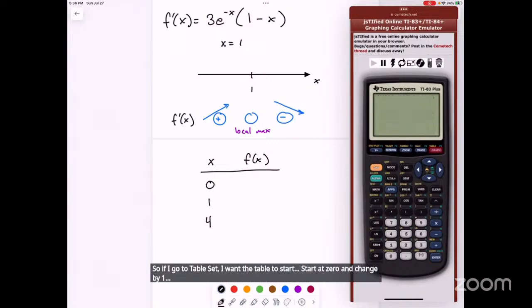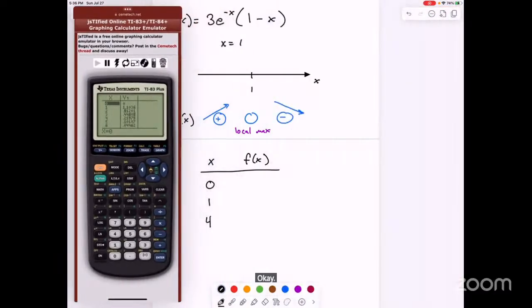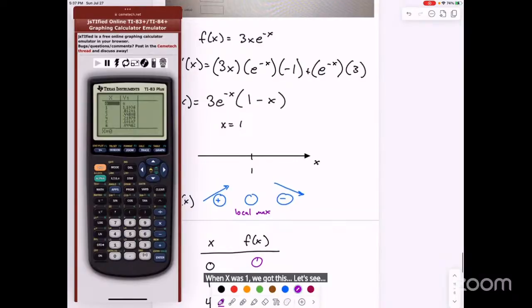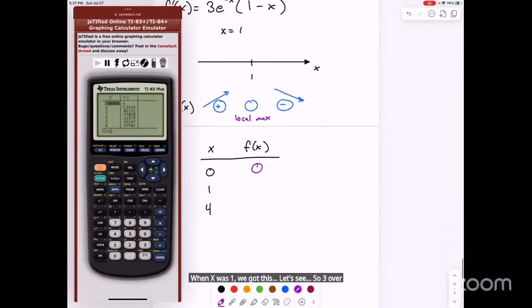I'll hop over to the table. Okay. So when x was 0, we got a corresponding y of 0. When x was 1, we got, let's see, 3 over e, which is approximately 1.1036.